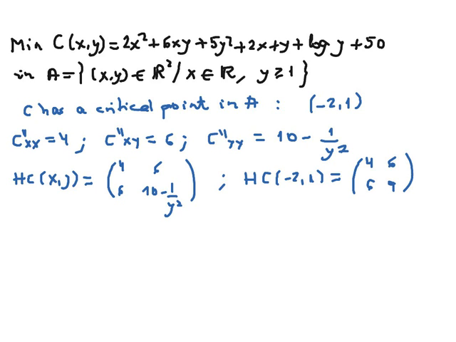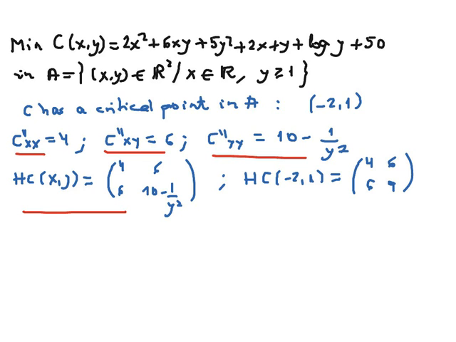To know if it is a local minimum or a saddle point, we must calculate the Hessian matrix and then replace the critical point in it. These are the second partial derivatives. So here we have the Hessian matrix evaluated at any point.